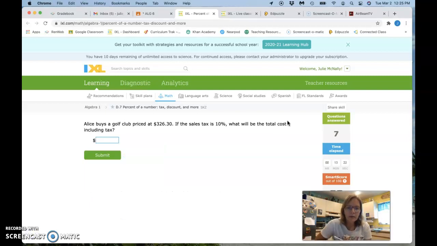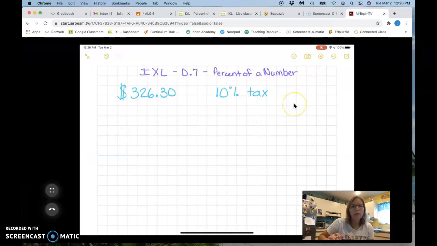Okay, so on this one, it says the golf clubs are $326.30. If the sales tax is 10%, what will the total cost be including tax? So again, this is like a markup, or when they're adding tax on. So what we're going to do is move that decimal point 2 places and then rewrite it with a 1 in front.